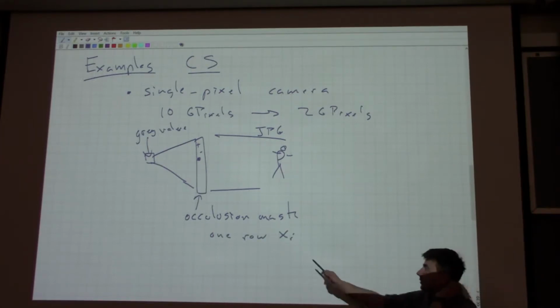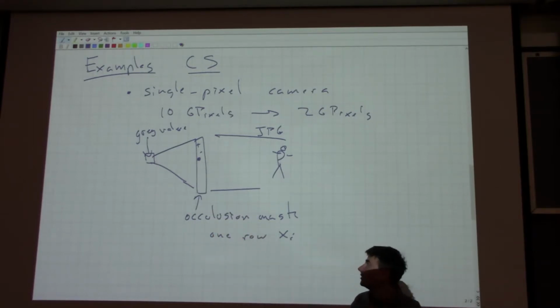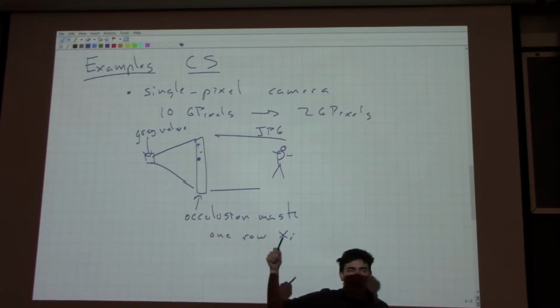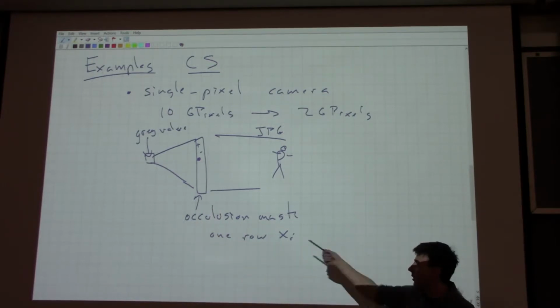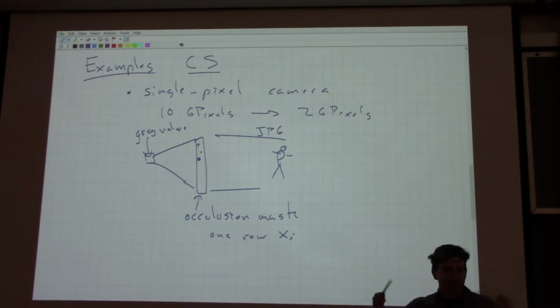All right, so this occlusion mask is going to be one row. And so then they take a picture with this occlusion mask, then they change it to a different occlusion mask at random, and then they take another row. So they only need one pixel, but they take many of these pictures at once. Or maybe they take them over a short period of time.